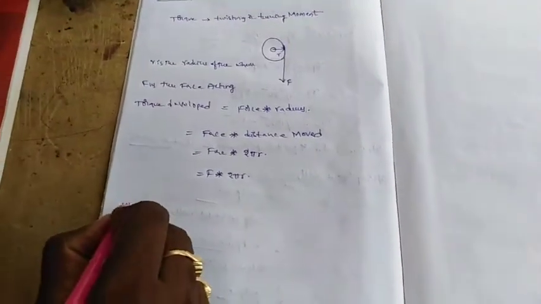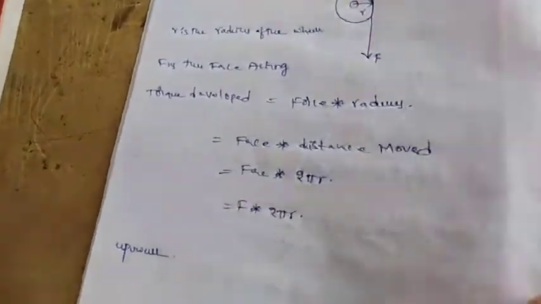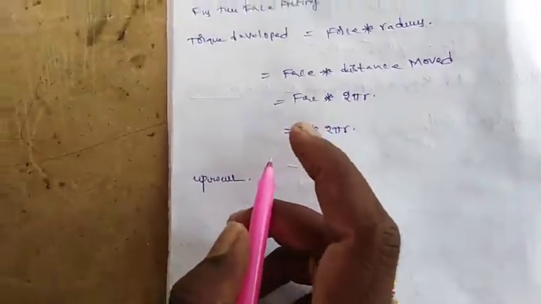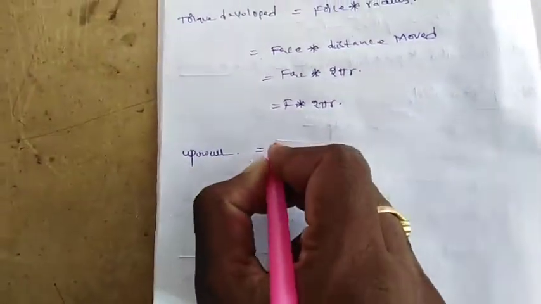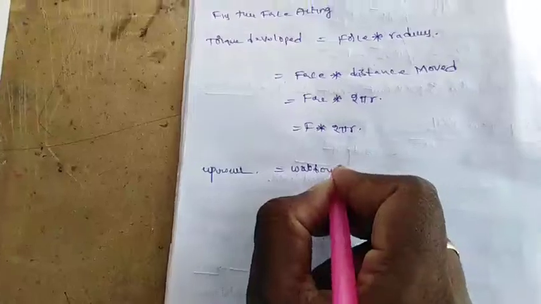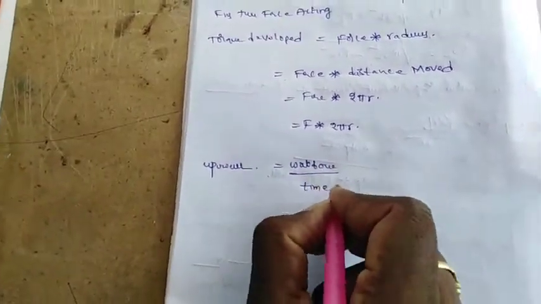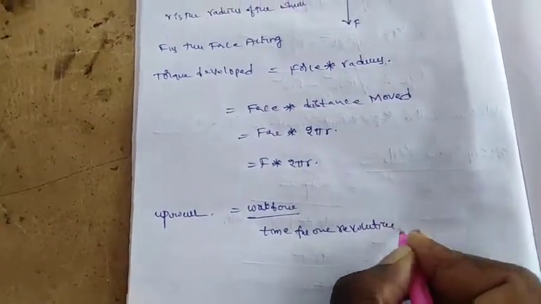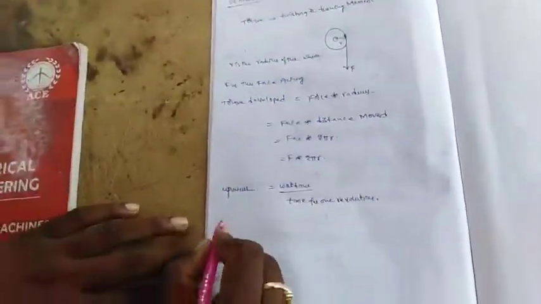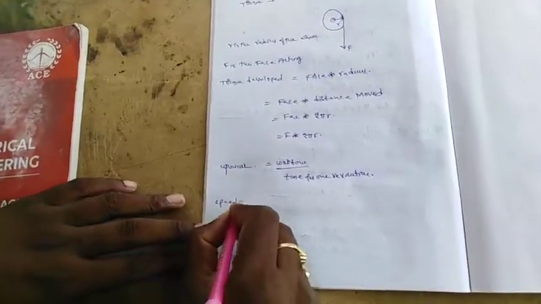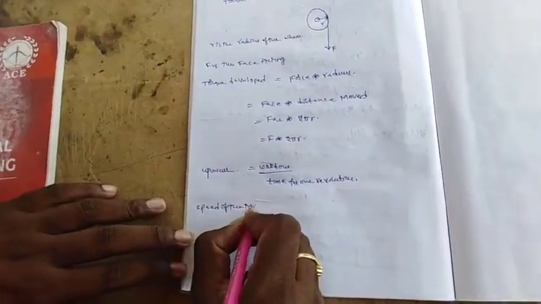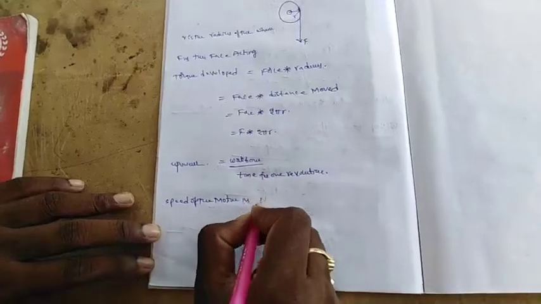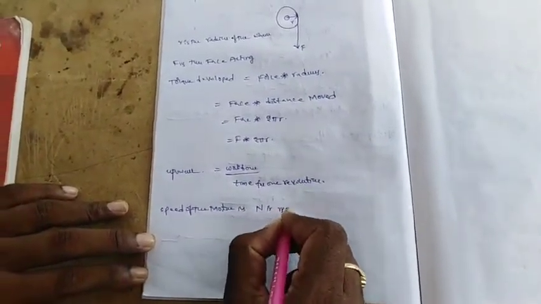Another equation is power. Power is equal to work done by time, for one revolution, so time for one revolution. The speed of the motor is N in RPM.